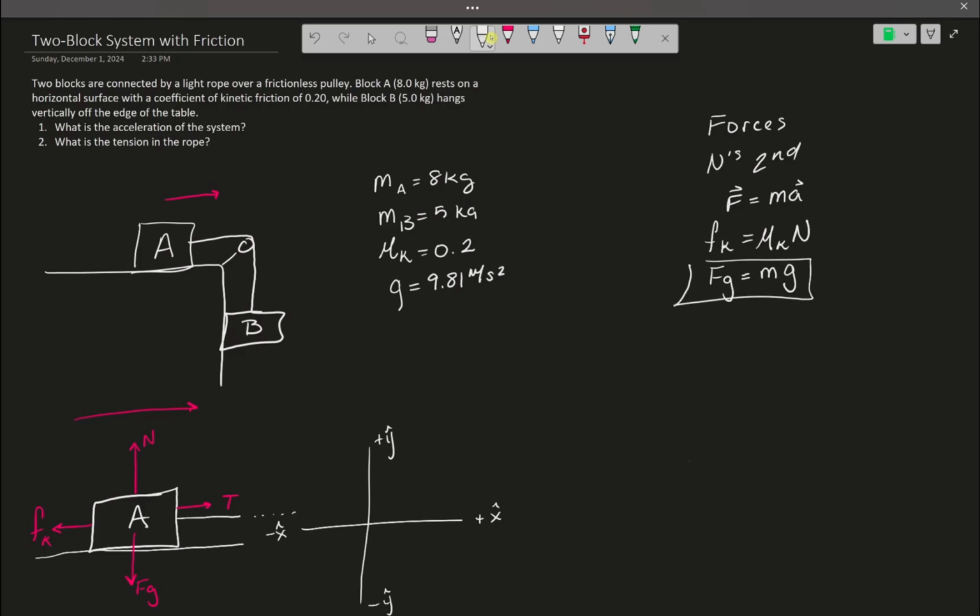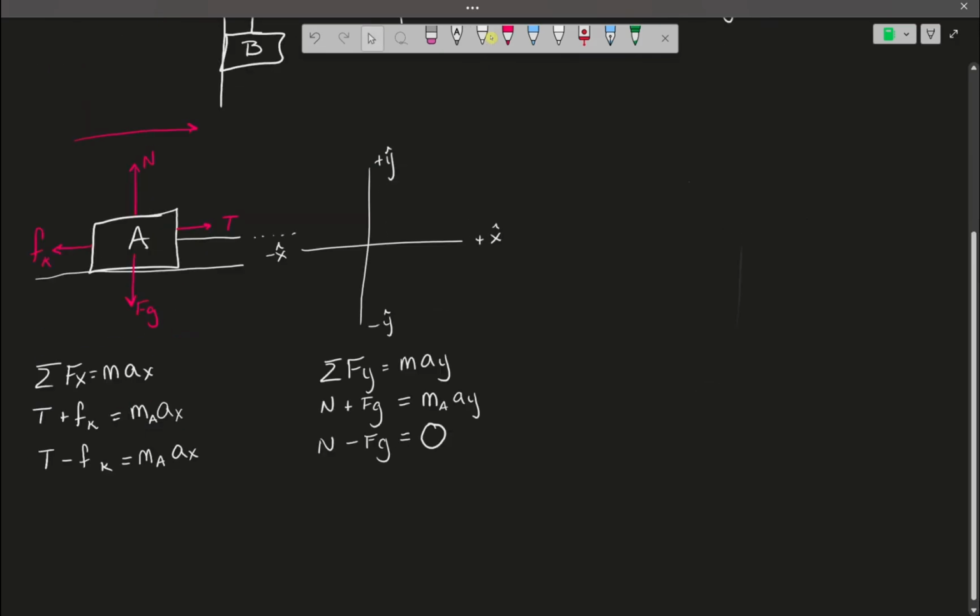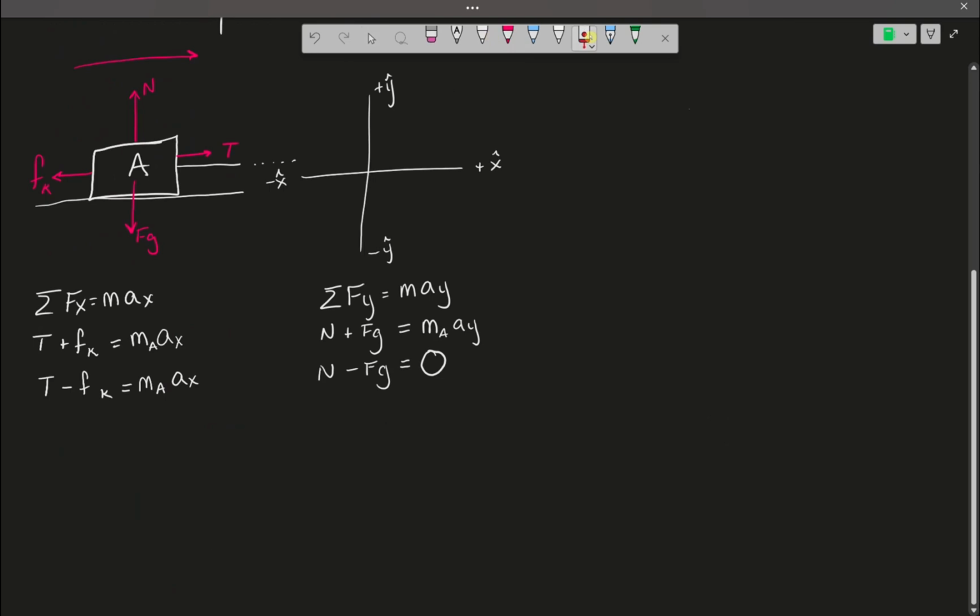In this situation, I am not considering directionality. This is not a vector. I do not have a vector sign on top of it. So that's why I'm using g, which is a scalar, instead of acceleration due to gravity, which is a vector. This is a scalar value. I have incorporated my directionality already in my summation here.